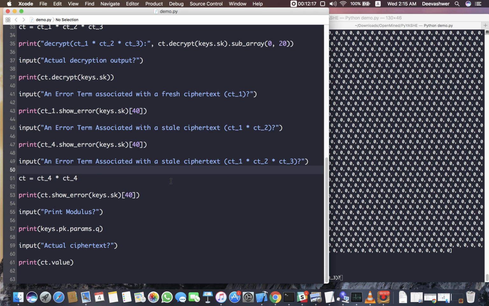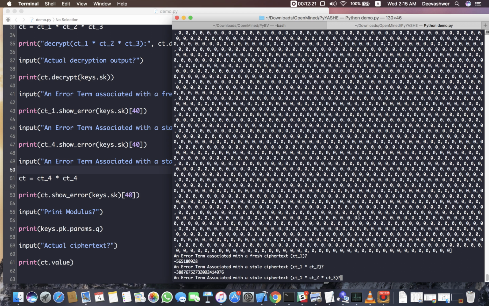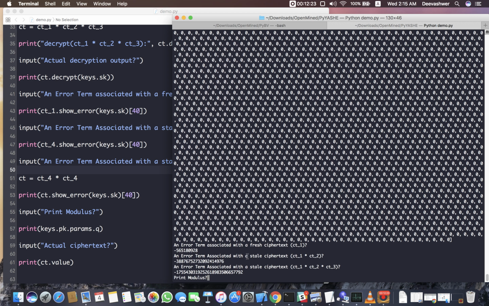So we are again doing CD1 times CD2 times CD1 times CD2. And you can see that the error actually increased by a linear factor. Had it been the PyBV implementation, the bit size would have doubled. So this is a leveled homomorphic scheme in action.